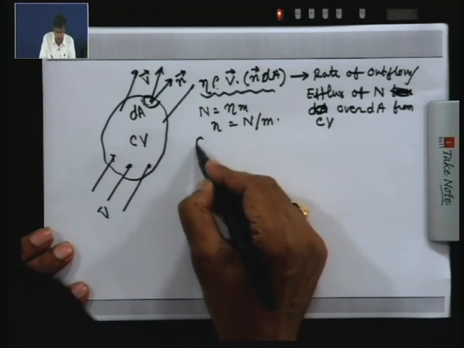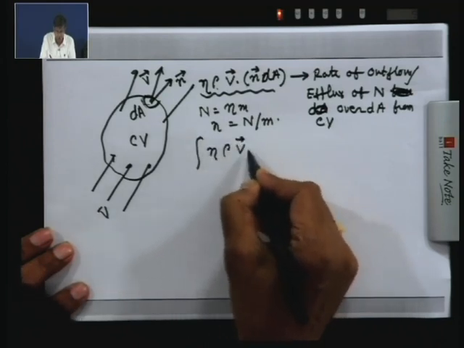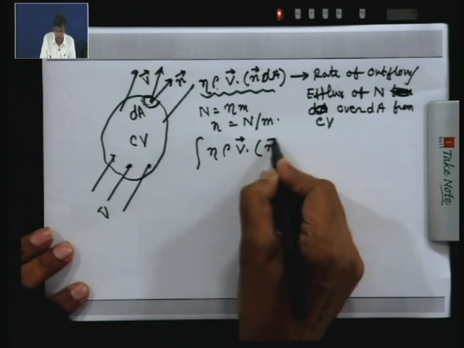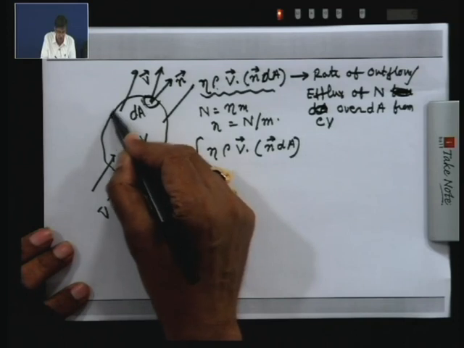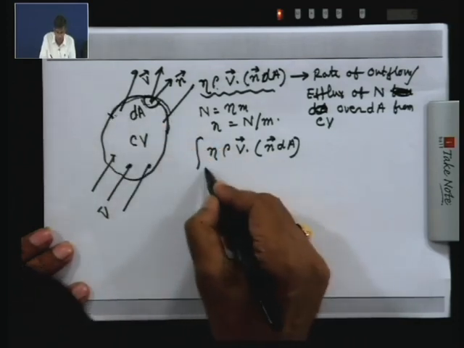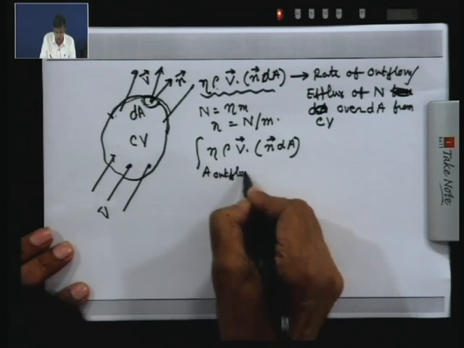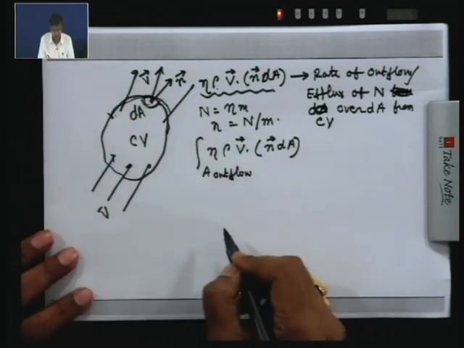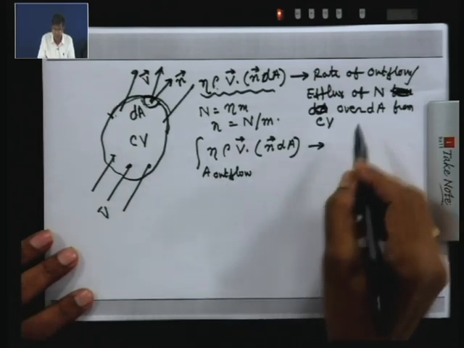Now, if we integrate this eta over the outflow area, that means if we specify some outflow area where the velocity is going out of the control volume, velocity vector is such, then over this outflow area, this is the rate of outflow.